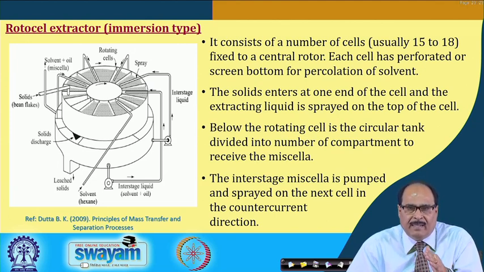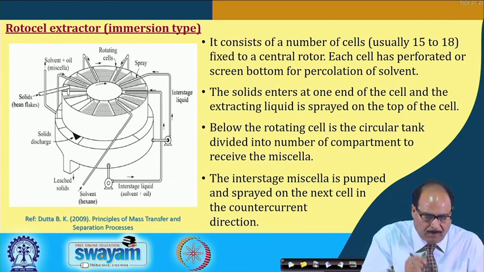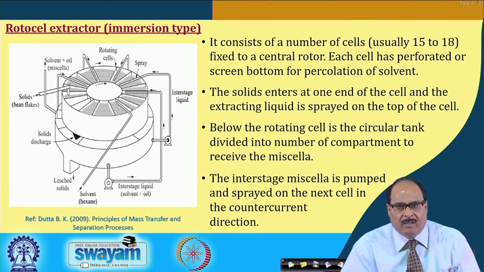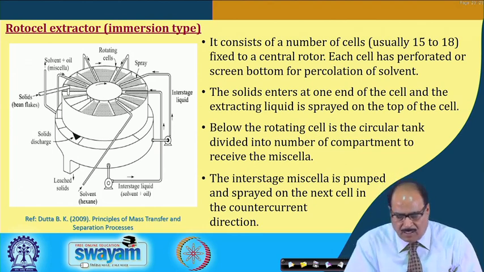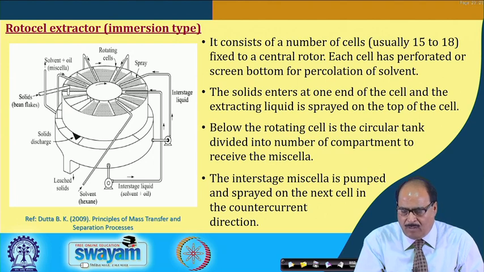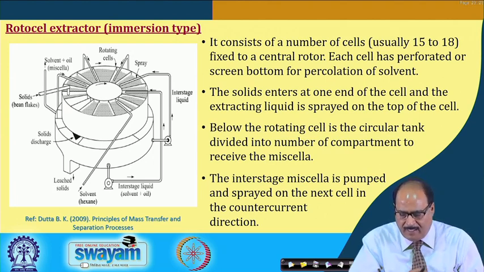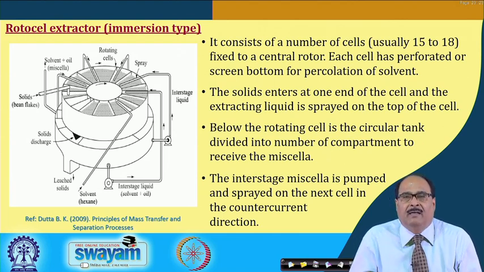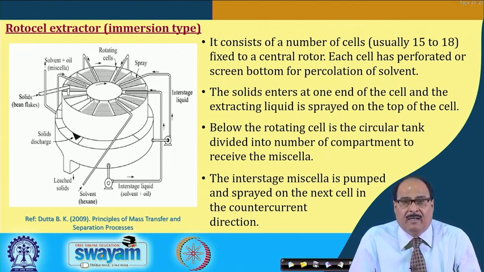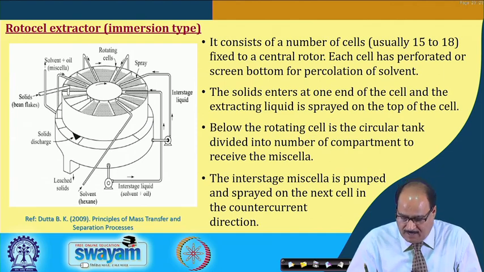The solids enter at one end of the cell and the extracting liquid is sprayed on the top of the cell. Below the rotating cell is the circular tank divided into a number of compartments to receive the miscela, and the interstage miscela is pumped and sprayed on the next cell in the counter current direction.